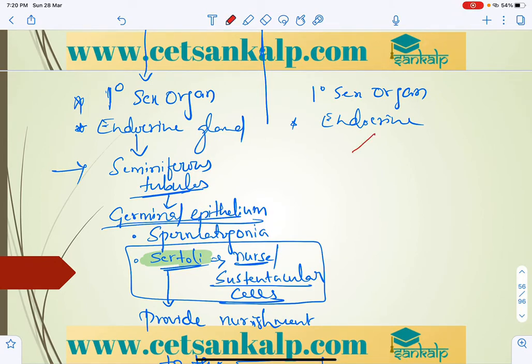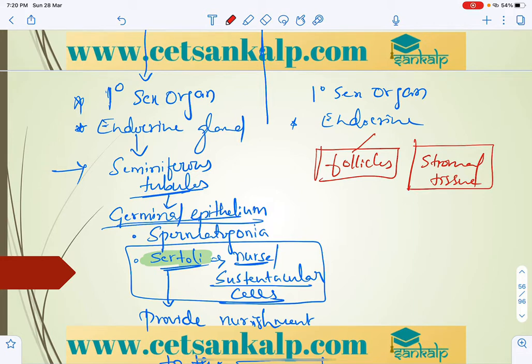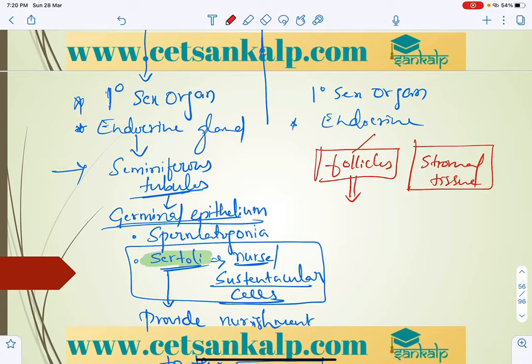There are different types of cells here: ovarian follicles and stromal tissue.